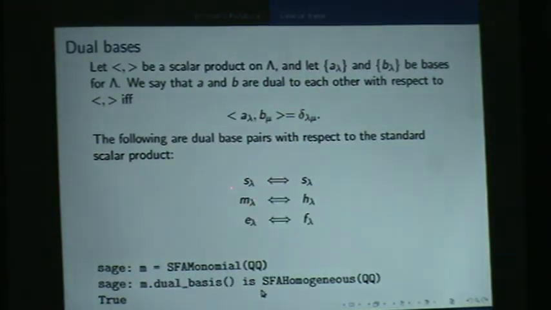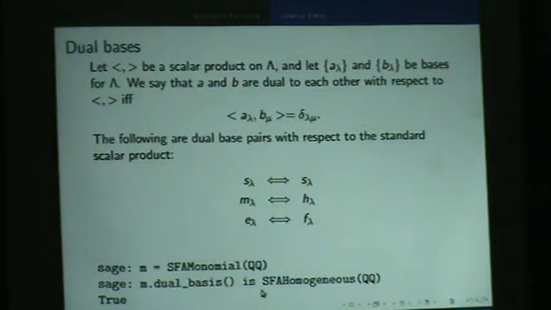The monomial symmetric functions are dual to the homogeneous symmetric functions, and the elementary symmetric functions are dual to these, which we didn't talk about, and they're known as the forgotten symmetric functions, just because everyone seems to forget them.